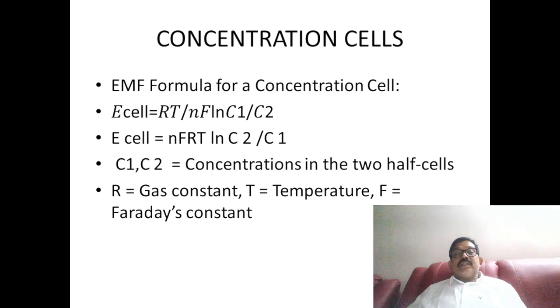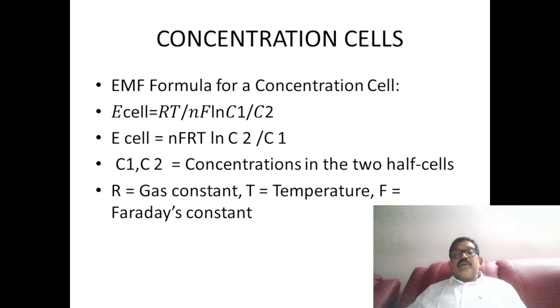R is the gas constant, T is temperature, n is the number of electrons, F is Faraday's constant, and C1 is the concentration of the solution in one half cell, and C2 is the concentration of the same solution in the other half cell.